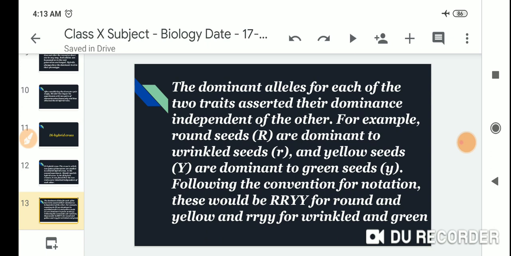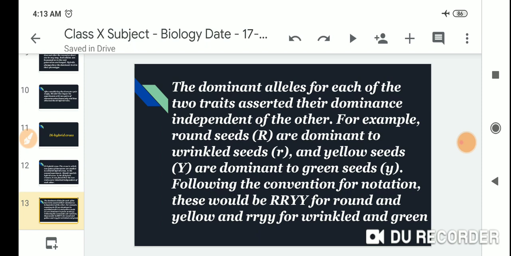The dominant allele for each of the two traits asserts its dominance independent of the other. For example, round seeds, capital R, are dominant to wrinkled seeds, small r, and yellow seeds, capital Y, are dominant to green seeds, small y.